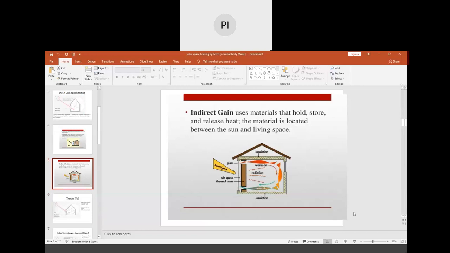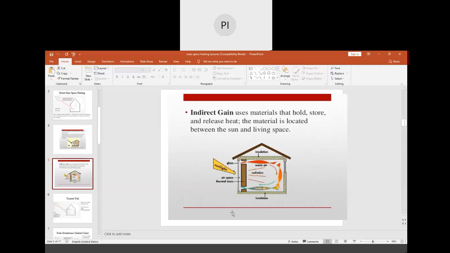In this method, indirect gain uses material that holds or stores heat energy for some time, and then releases heat. The material is located between the sun and the living space. That is, we place a material between the sun and the living space.